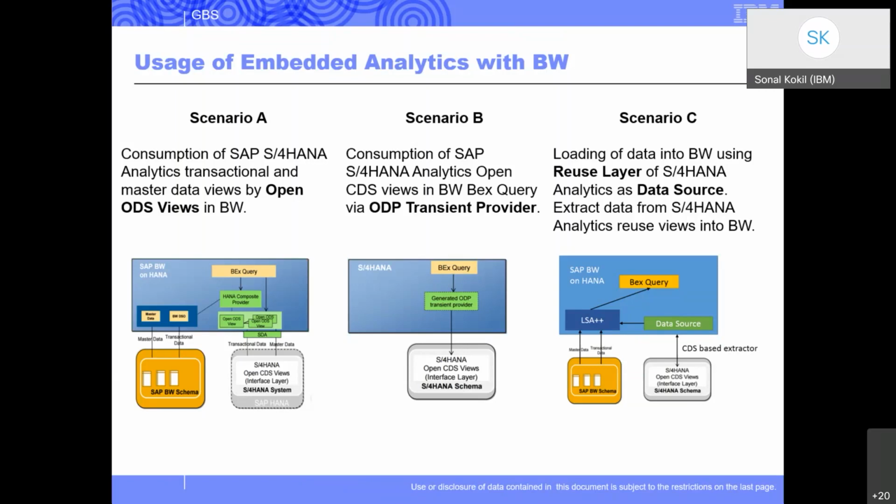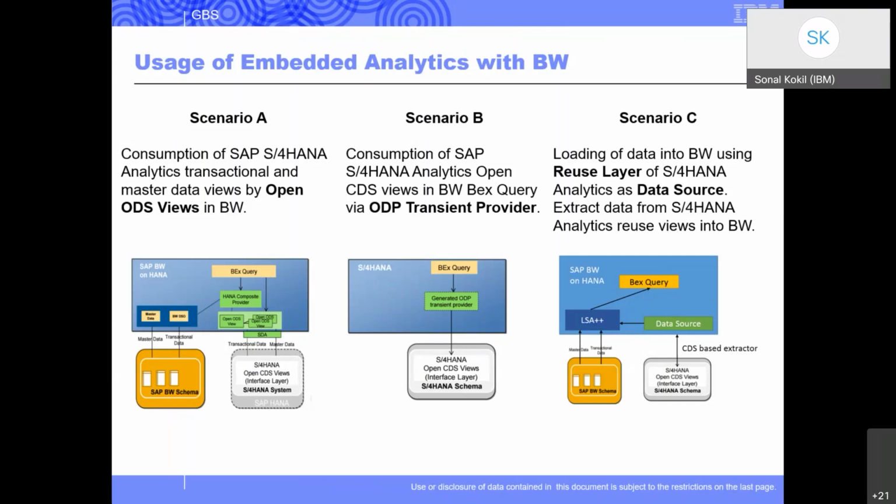You can create a data source in your BW system where you define your CDS view name. Ultimately a CDS view is a view, like the views we used to create in SE11. If you go to SE11 and search for your CDS view name, you will find it there.